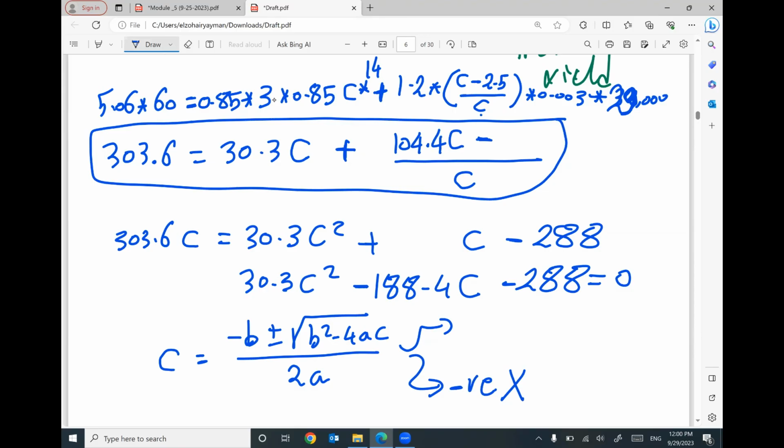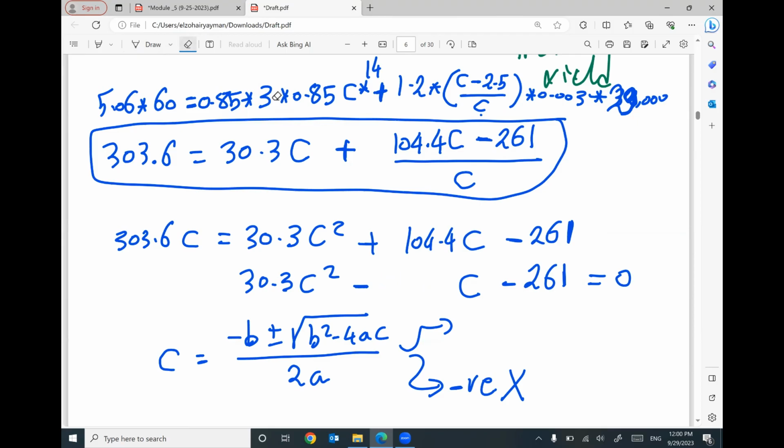And this one will be 1.2 times 2.5 times 0.003 times 29,000. It will be 261. So this one will be 261, and this one will be 261 also. And this one will be 104.4.